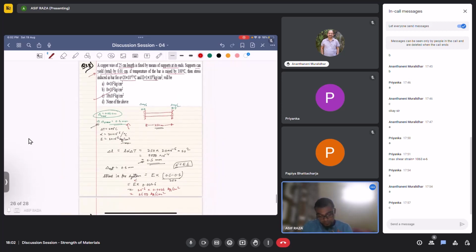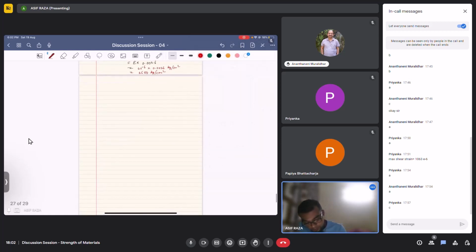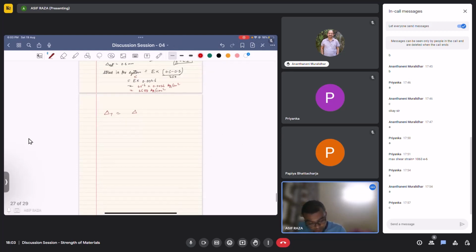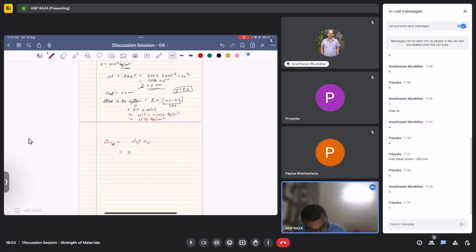Let me say this properly once again. The total is due to temperature and due to stress. Due to temperature, it's allowed to extend by 0.5 mm, right? And the total elongation that can occur is 0.1.